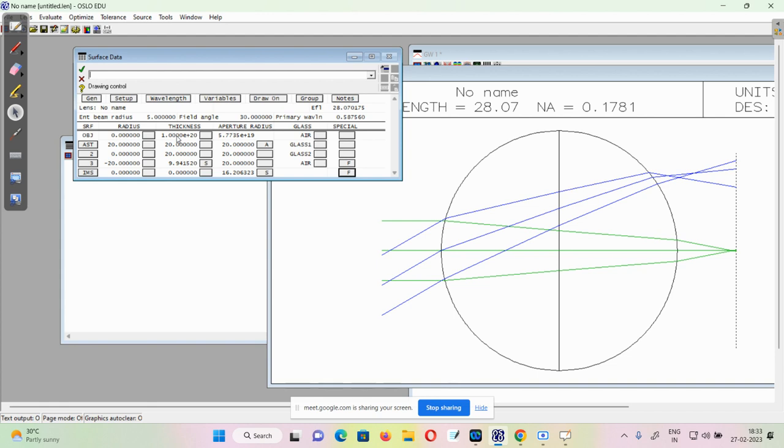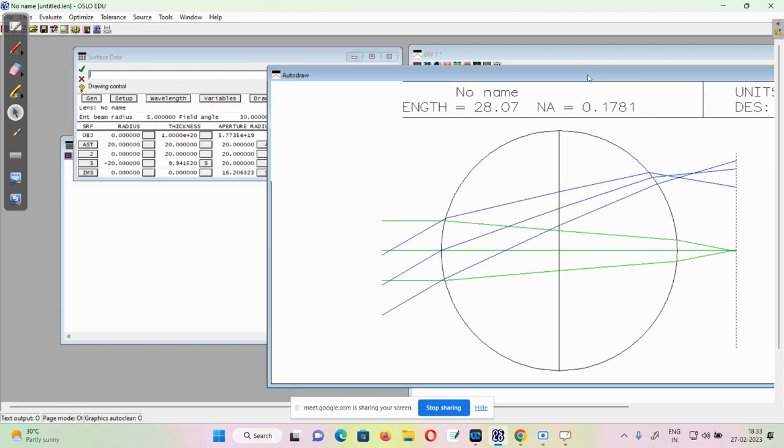If an object is placed at infinity, it is giving an image at exactly 9.941502 centimeter from this surface. This is the inference which we can get from this system.